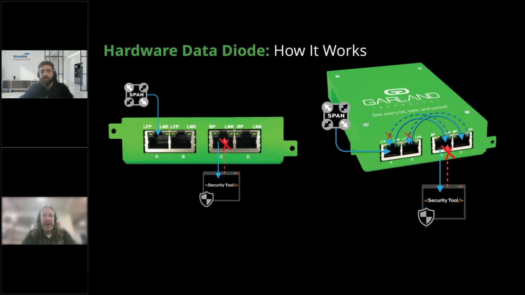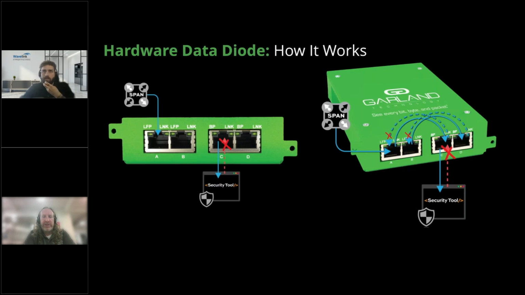We actually created this product about 10 years ago. A large oil company had a requirement for deploying sensors. They realized their span ports were bidirectional. So when we initially developed this product, it was actually based on a customer need, and we didn't call it a data diode back then. But fast forward about 10 years later, this has become a very popular product.